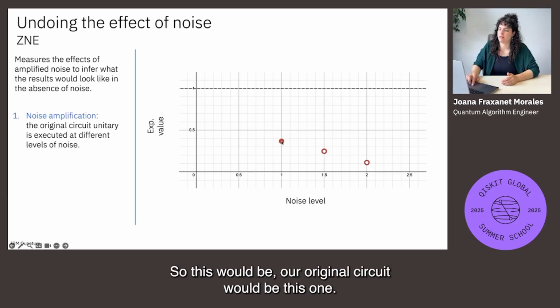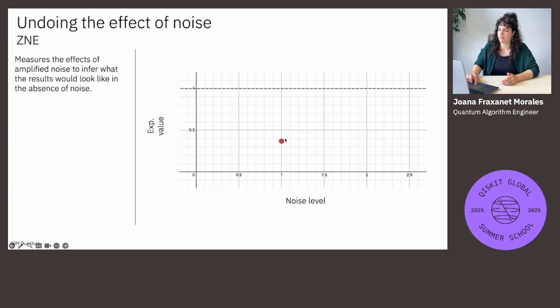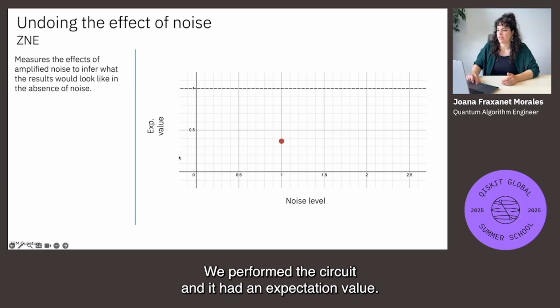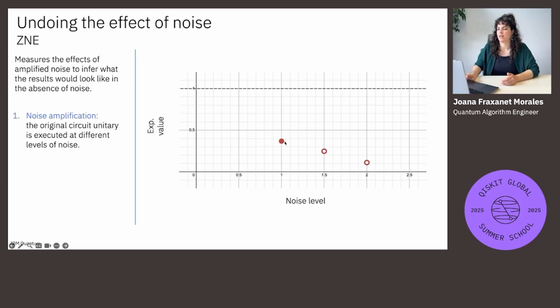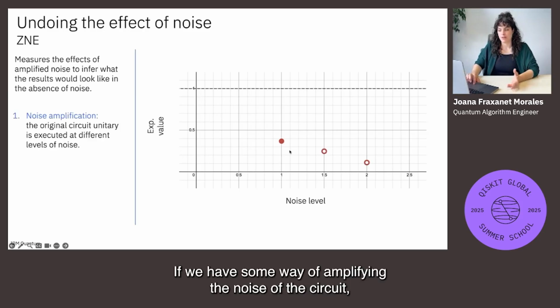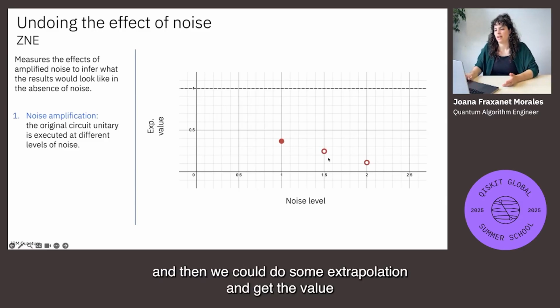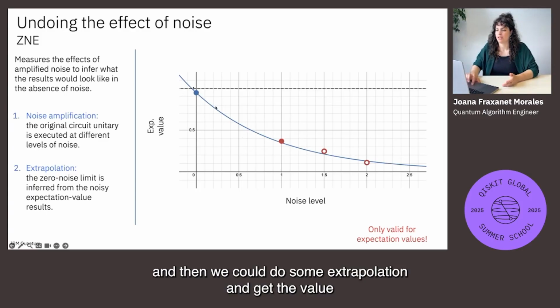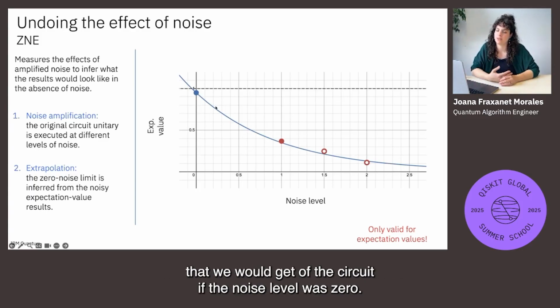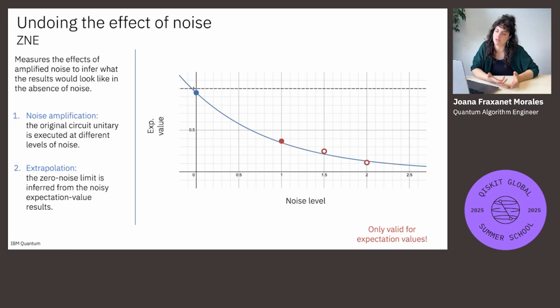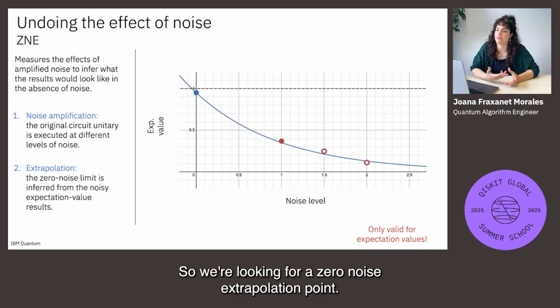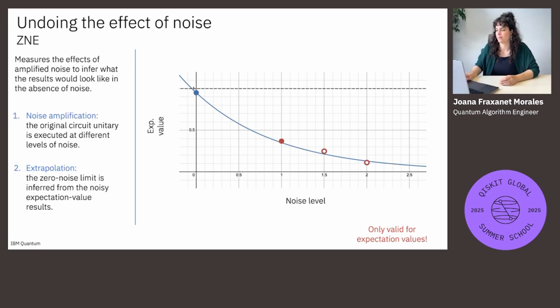We've performed the circuit and it had an expectation value. If we have some way of amplifying the noise on the circuit, we could run the same circuit with amplified noise instances. And then we could do some extrapolation and get the value that we would get of the circuit if the noise level was 0. So we're looking for the zero-noise extrapolation point.